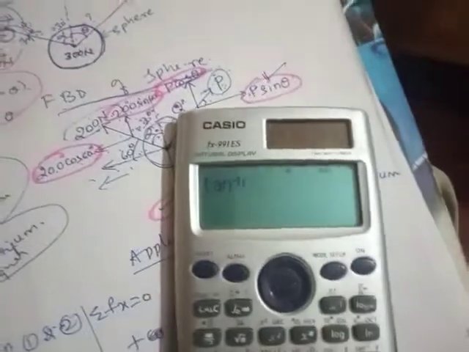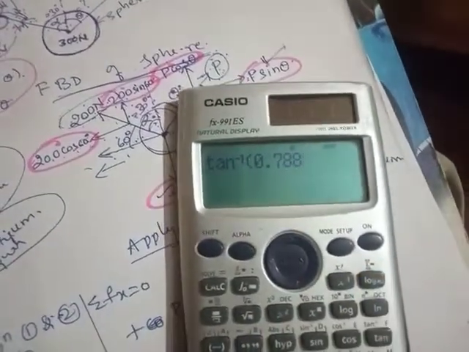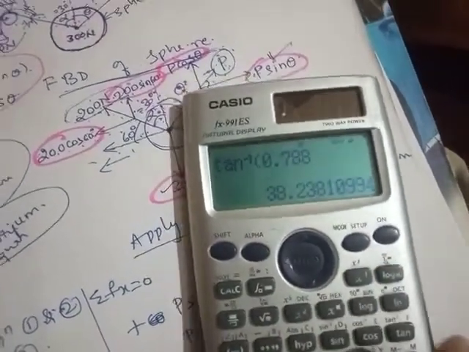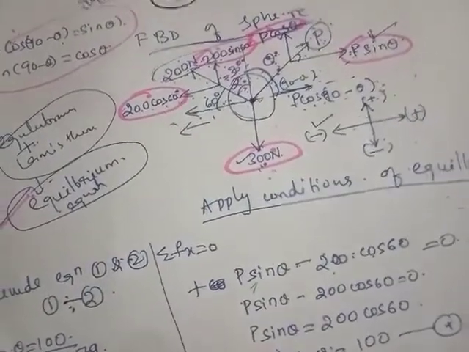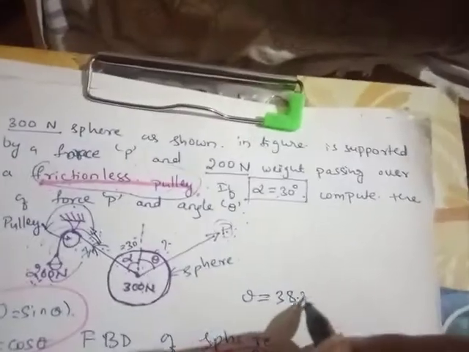Tan inverse of 0.788 is coming around 38.23. So the value of the angle theta is 38.23 degrees. Now we found theta.